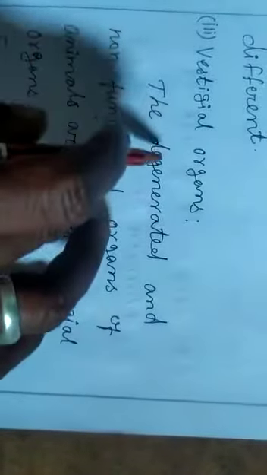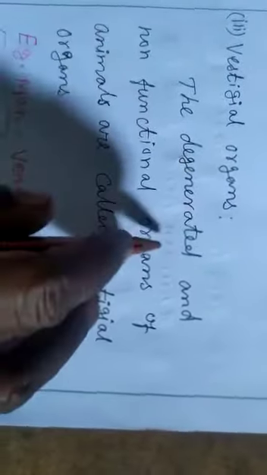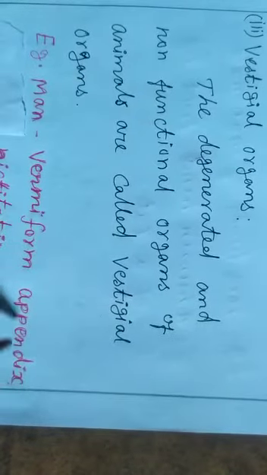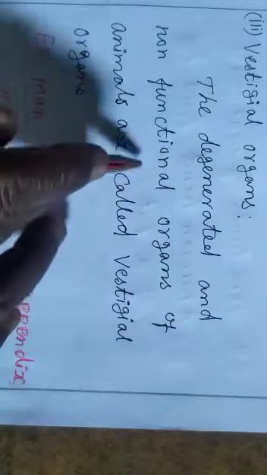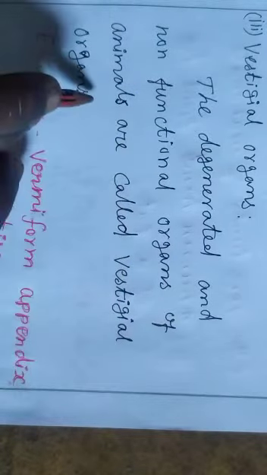Next is vestigial organs. The degenerated and non-functional organs of animals are called vestigial organs. For example, in man, the vermiform appendix and nictitating membrane are examples of vestigial organs. The organ is present, but it does not function.